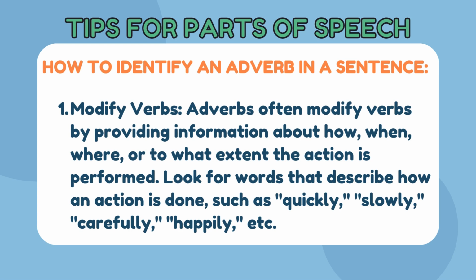How to identify an adverb in a sentence. Modify verbs. First of all, adverbs often modify verbs by providing information about how, when, where, or to what extent the action is performed. So, in these sentences, you can look for quickly, slowly, carefully, happily, like ly is a clue that shows this is an adverb.